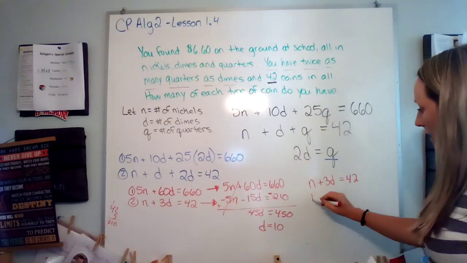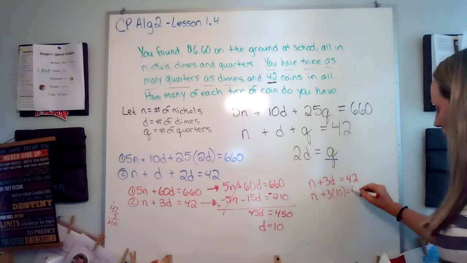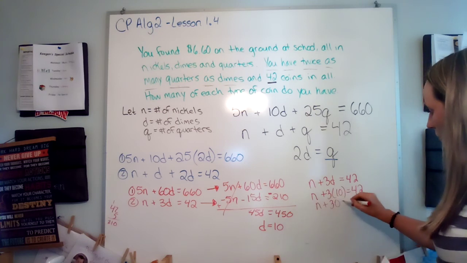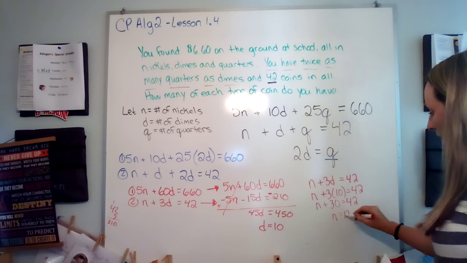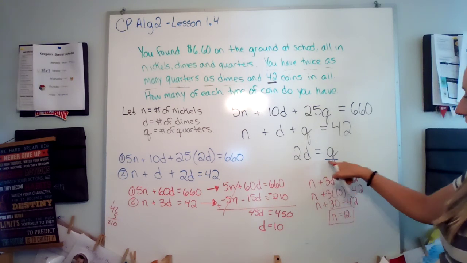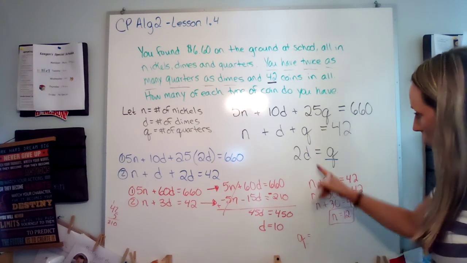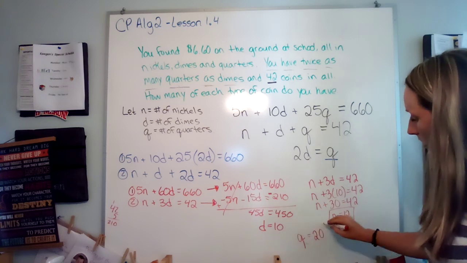So plug in the 10, so it's 3 times 10 equals 42. So n plus 30 equals 42. n equals 12. And then finally, to get q, 2 times d equals q. So q is equal to 2 times the 10, right? So q is equal to 20.